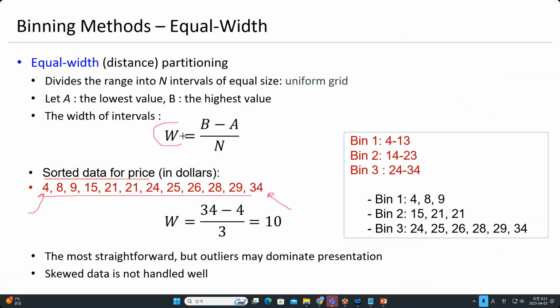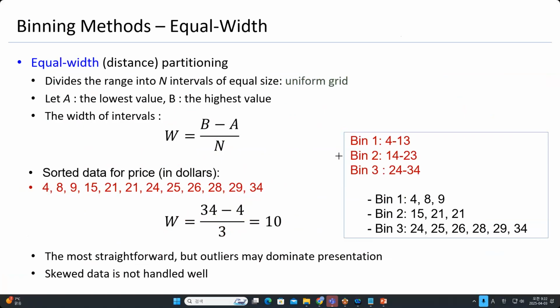We can calculate the width: the maximum, which is 34, minus 4, the minimum, divided by 3, the number of pins that we want to create. Because we want to create 3 pins, we put 3. If we want the pin count to equal 4, then this will be 4.